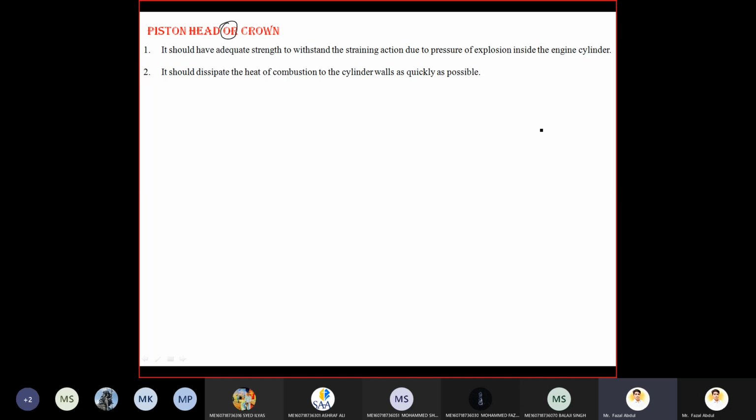Inside the cylinder, in the power stroke, the gases are going to burn. Because of this burning, these gases are going to create the maximum pressure. So this pressure is going to be sustained by the piston.